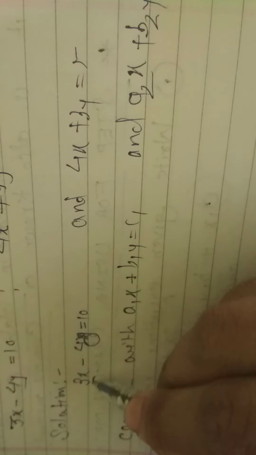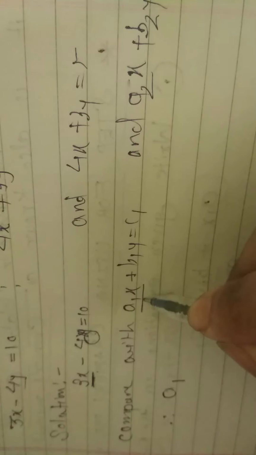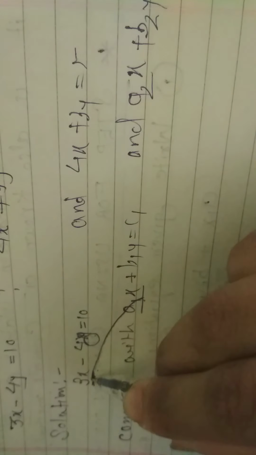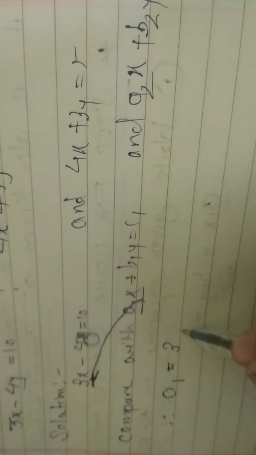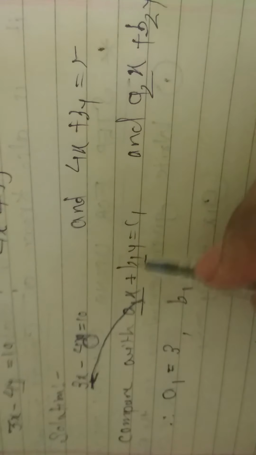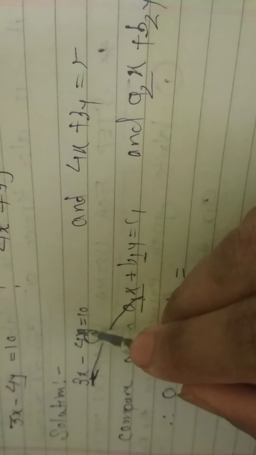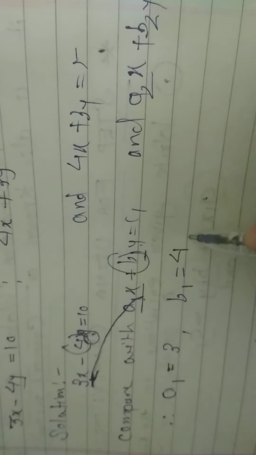So when you compare the first equation with the standard form, the coefficient of x is 3. So what is the value of a1? It is 3. Now what is the value of b1? When you compare with the coefficient of y, b1 is 4, and c1 is 10.